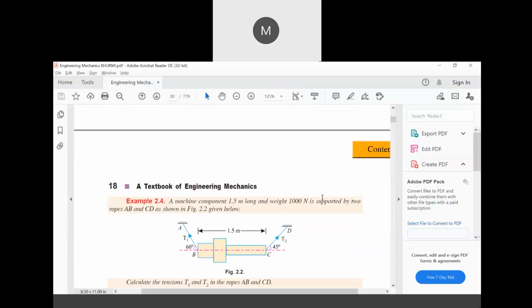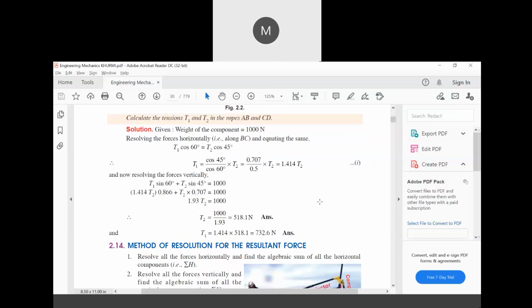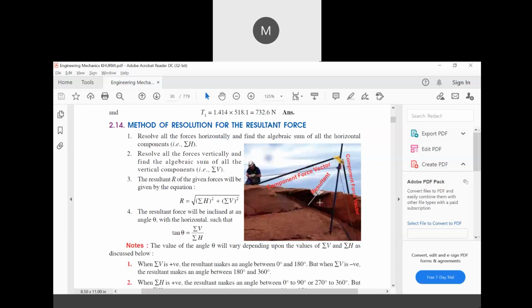Now we go to the method of resolution for the resultant. So how to actually resolve a resultant force? First of all, resolve all the forces horizontally and find the algebraic sum of the components.